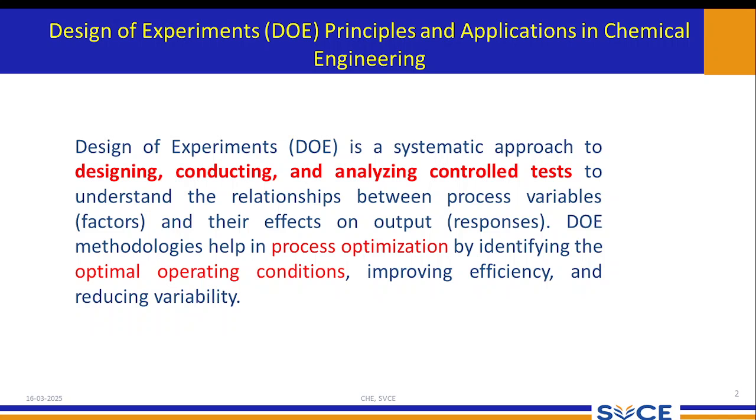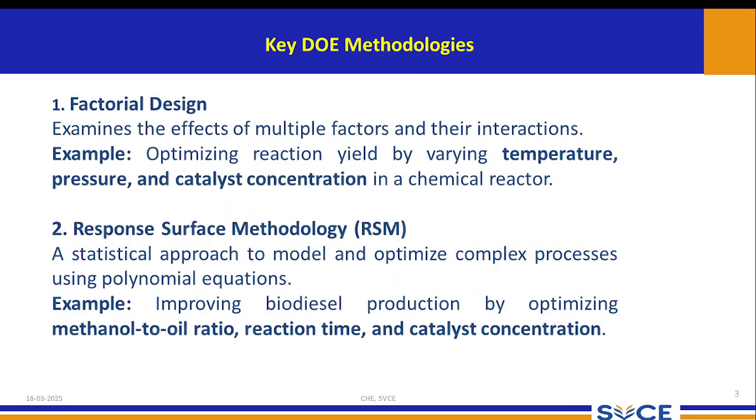What is the effect of the variables on the dependent variable? It may be a multivariate analysis that we have seen, that means multiple factors. So what would be their effect? Design of experiments is helpful for process optimization by identifying the optimal operating conditions.